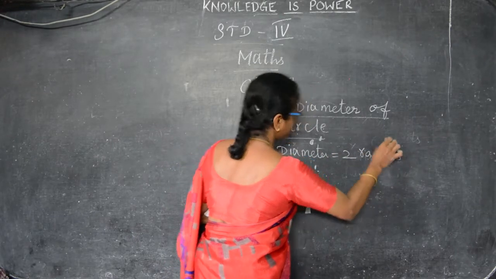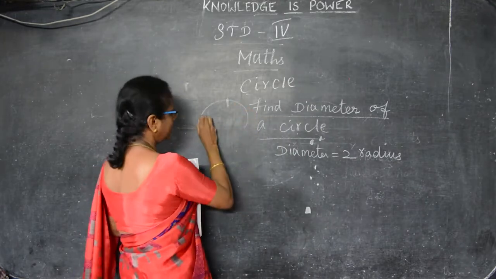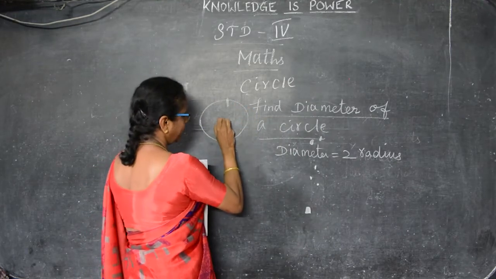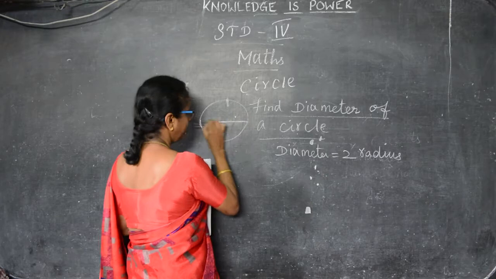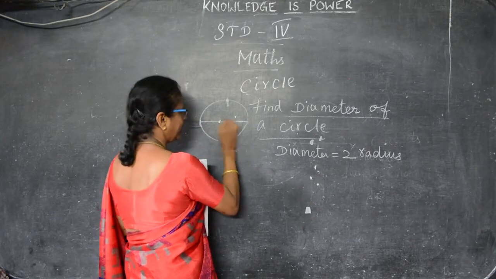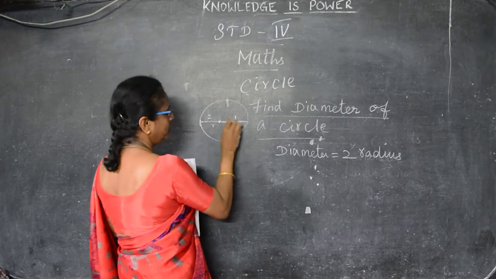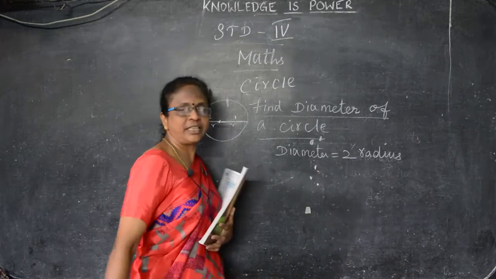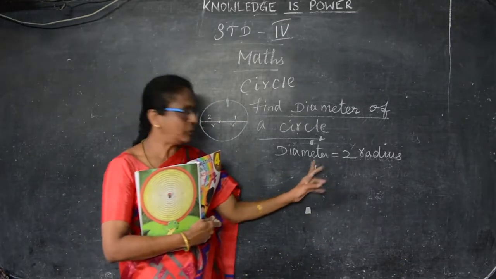Why 2 radius? In a circle, from the center point, this one is a radius and this one is a radius. So 2 radius. Can you understand? Diameter is equal to 2 radius.